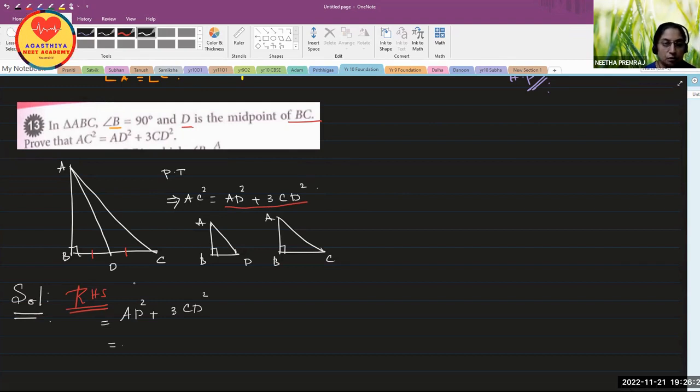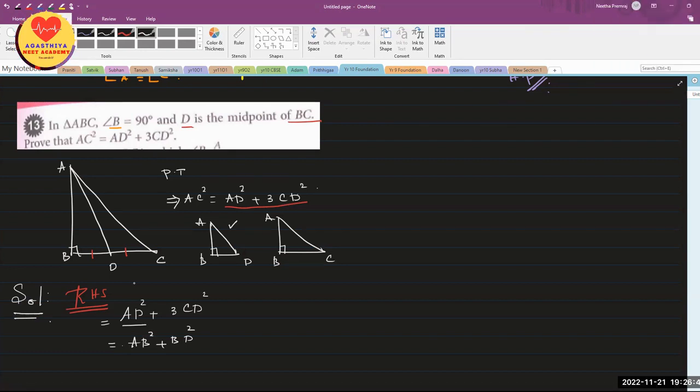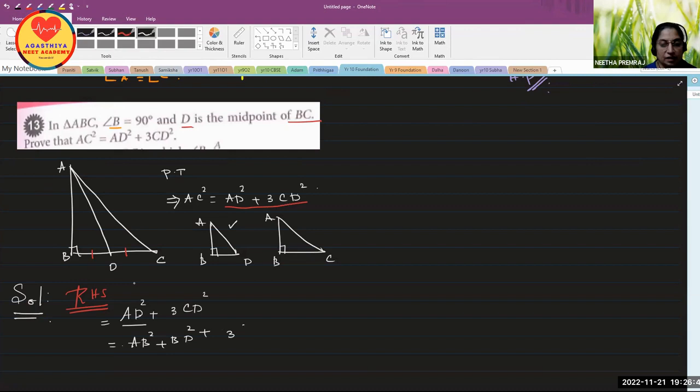So I want AB square plus BC square. Consider this triangle. AD square is hypotenuse. So instead of AD square, you can write AB square plus BD square, isn't it, guys? Okay, ma'am. Then I take 3 outside.